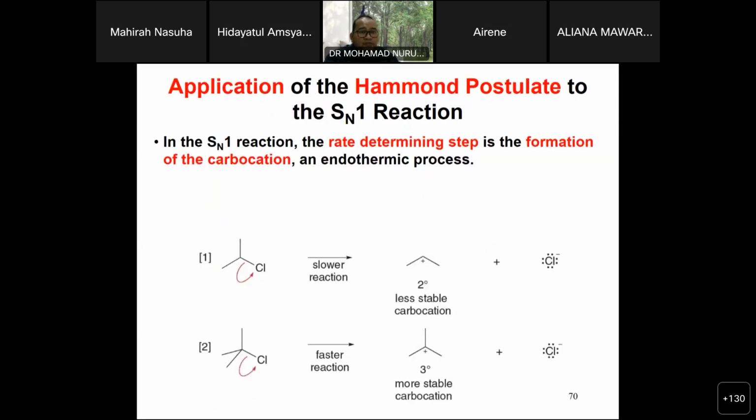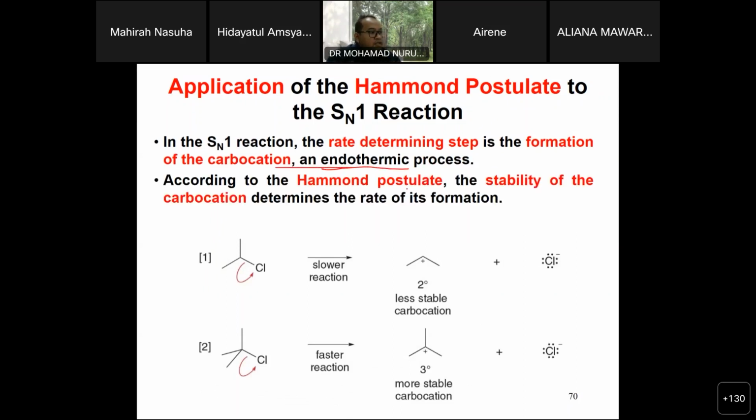For the application of the Hammond postulate to SN1 reactions, the rate-determining step is the formation of the carbocation, which is an endothermic reaction. According to the Hammond postulate, the stability of the carbocation determines the rate of its formation.